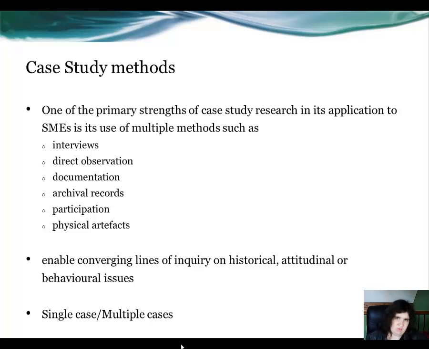All of those are elements of qualitative research method that can be intertwined in your discussion, in your case write-up. As I say in the next point, it enables converging lines of inquiry based on historical, attitudinal or behavioural issues. And they could be the themes that emerge in the analysis of your case.